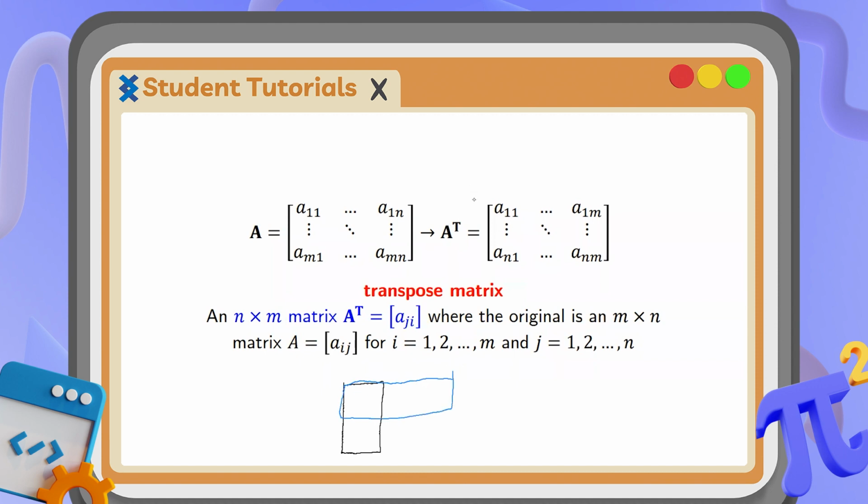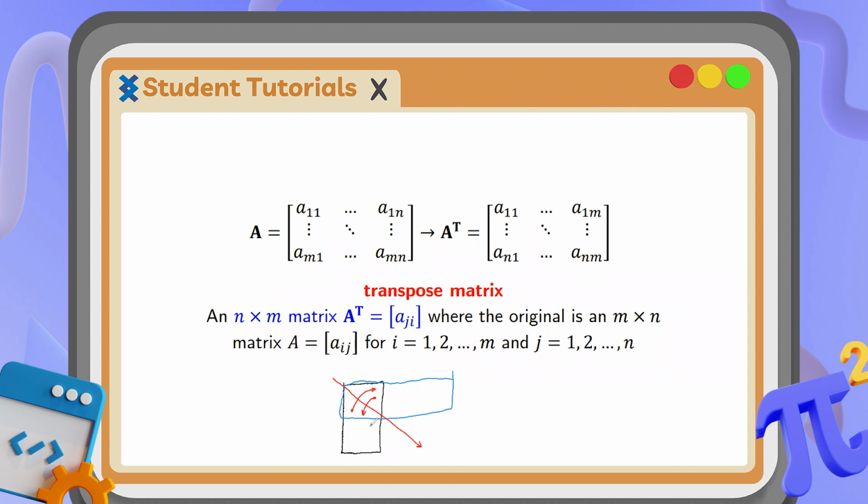And you're sort of flipping it across this diagonal, where the elements in the diagonal will stay as is, because the row and column are still the same value even if you flip them, so it won't make much of a change. Meanwhile, for the other elements, elements that go here will go here and vice versa.